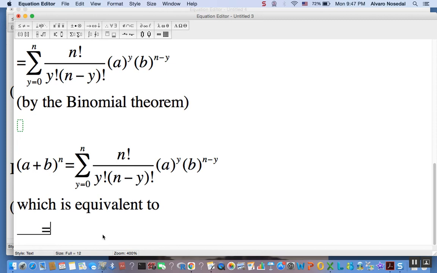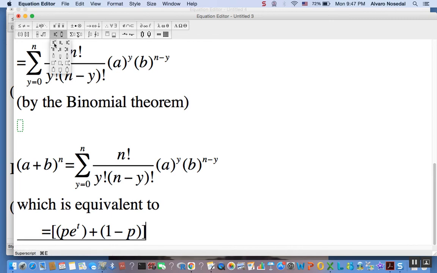Let me write it like this: (p e to the power of t plus 1 minus p) to the n power, right?